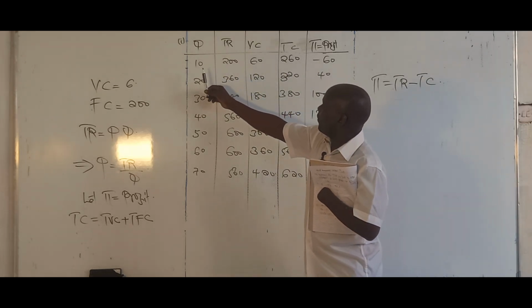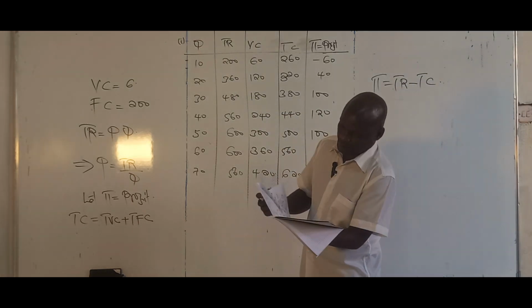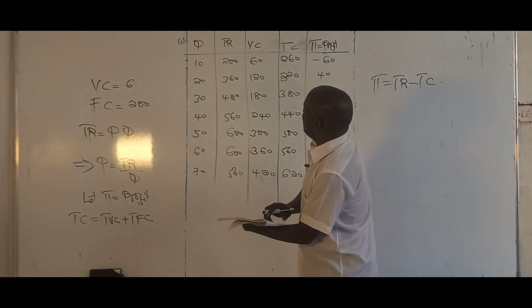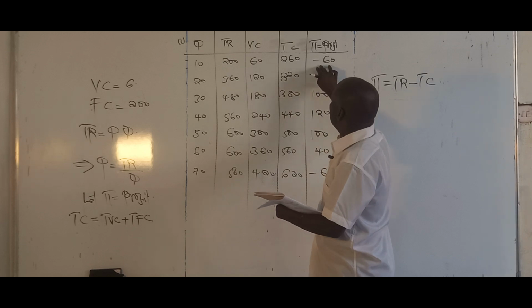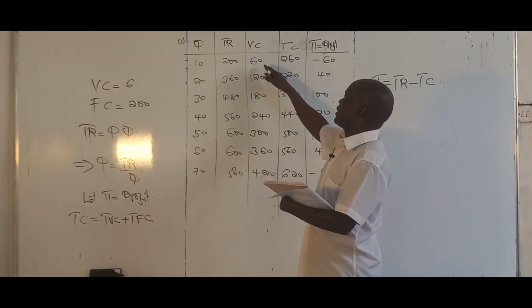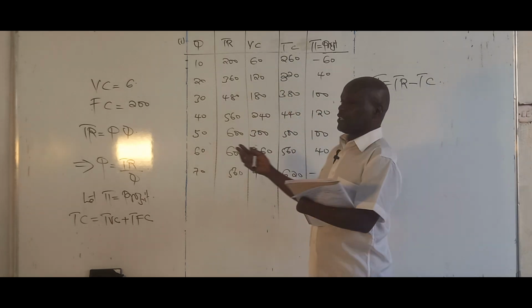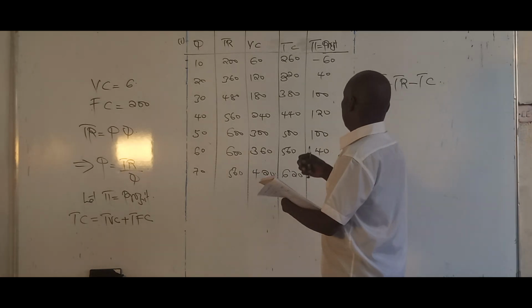What's interesting is that when this farm is producing 10 units, it's making a negative, because there's already a fixed cost and some element of variable cost. That's a cost you have to take care of whether you are in operation or not, the fixed cost.